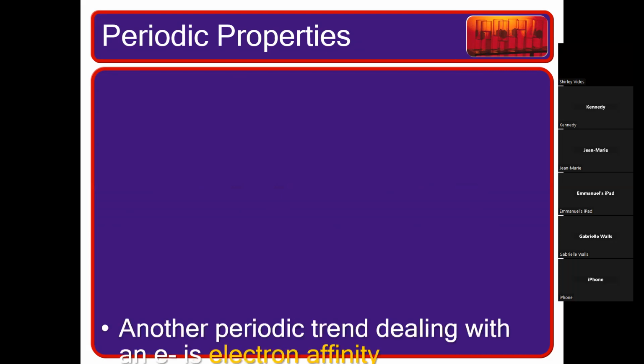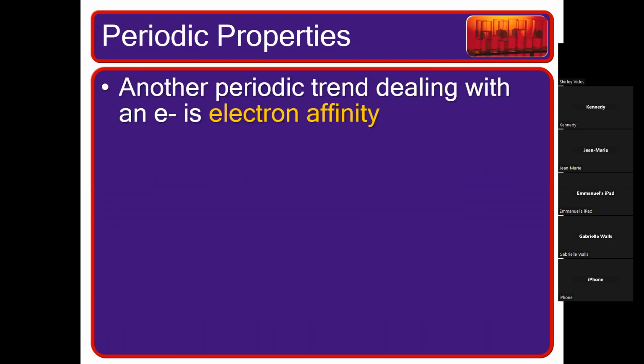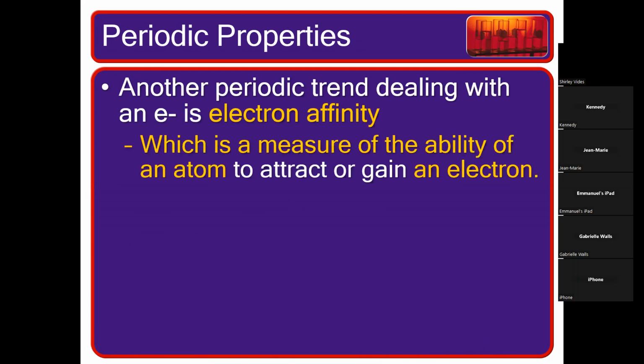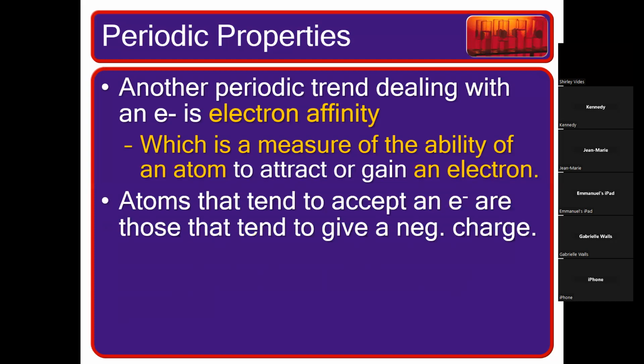Okay, so our next periodic trend is electron affinity. Electron affinity is defined as the measure of the ability to attract or gain an electron. So an atom attracts or gains an electron, and we're measuring how strongly.